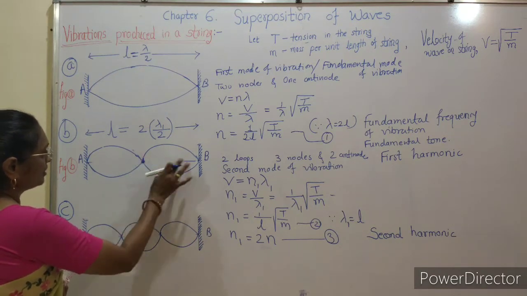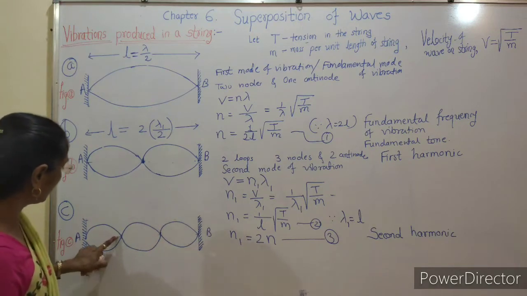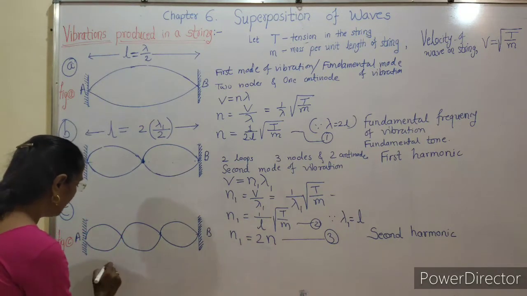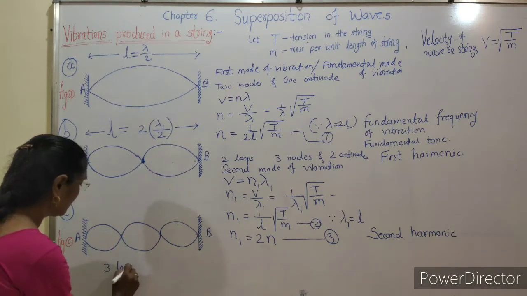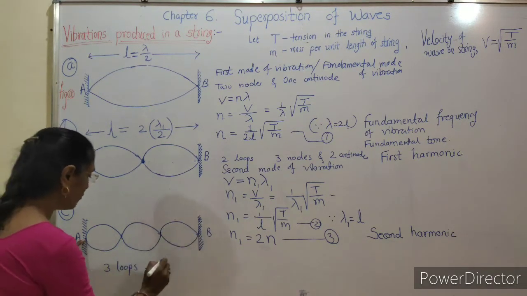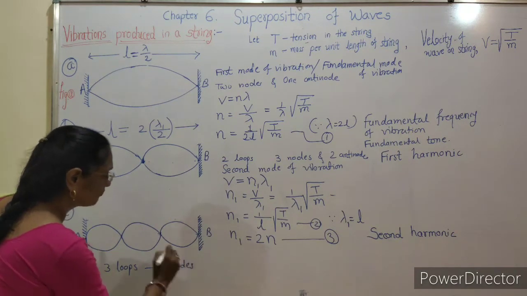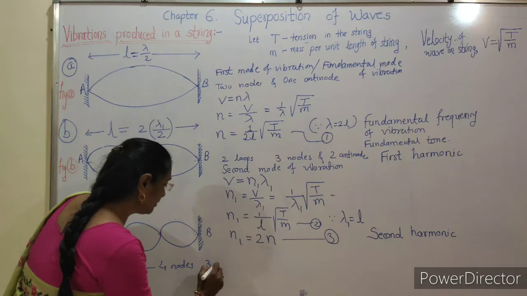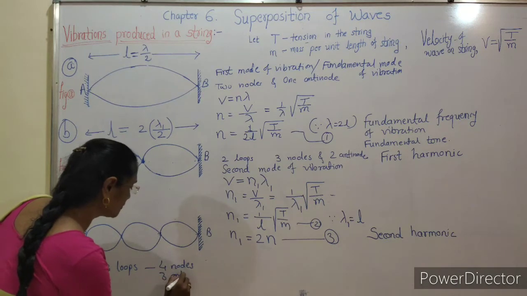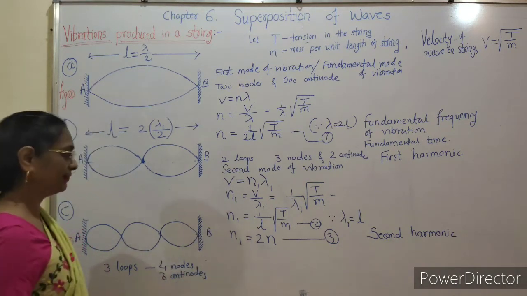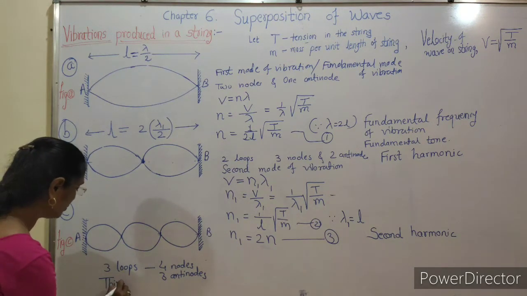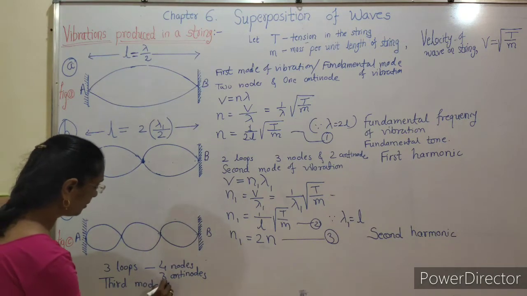Here we write there are 3 loops, and those loops are formed between 4 nodes: first, second, third and fourth. 4 nodes are there, 3 antinodes are there. We write 4 nodes, 3 antinodes, and this mode of vibration is the third mode of vibration.